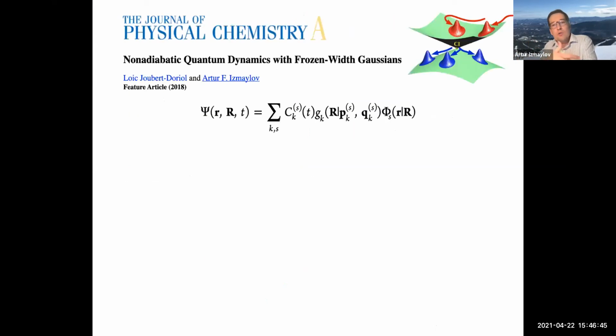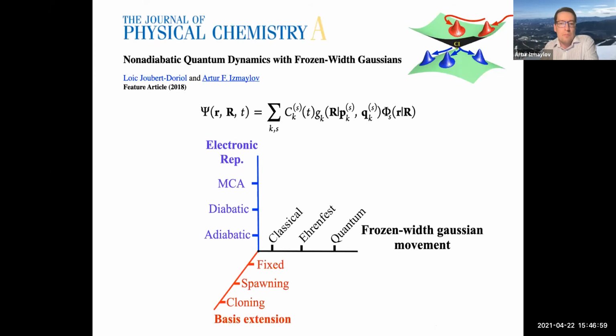Now, in order to see certain systematic trends in how this whole approach can work in various areas, we wrote a small review paper where we provided the following framework essentially for all frozen Gaussian, at least, methods for non-adiabatic dynamics. And the key elements here is that you can vary how your frozen width Gaussians are moving.